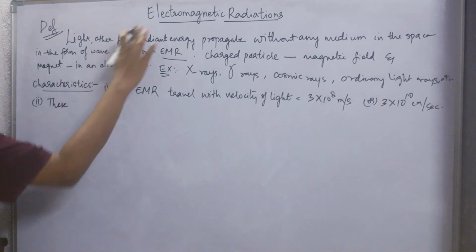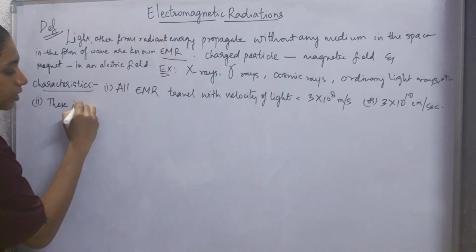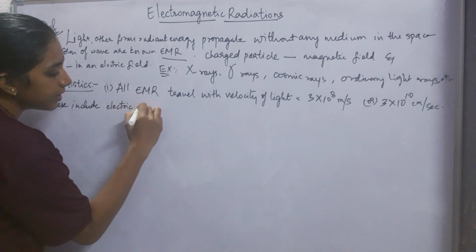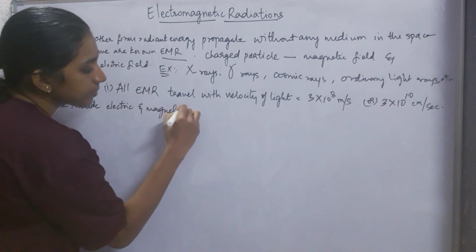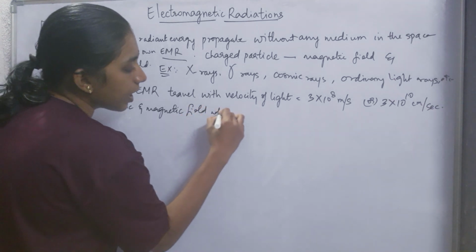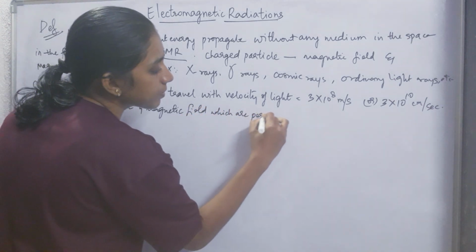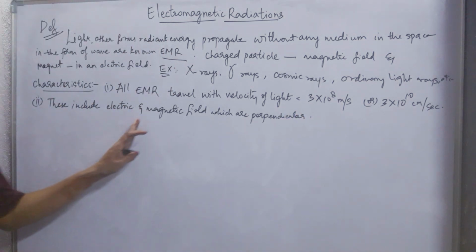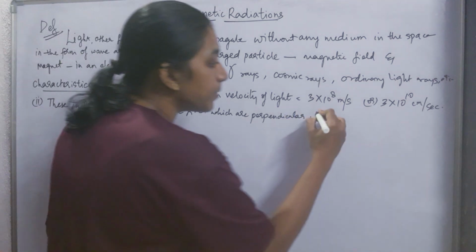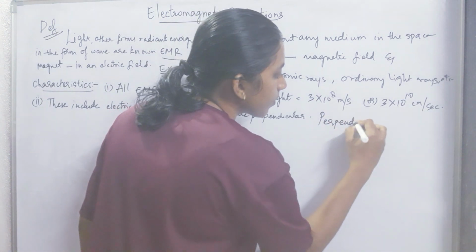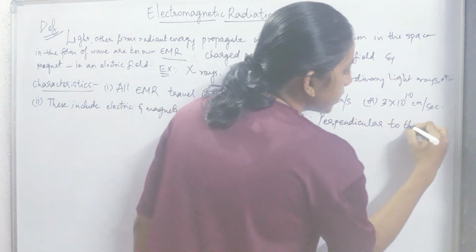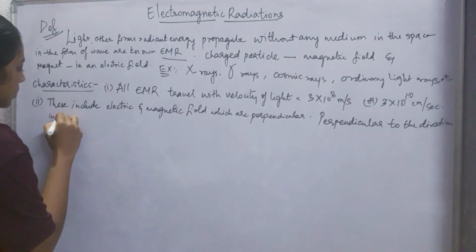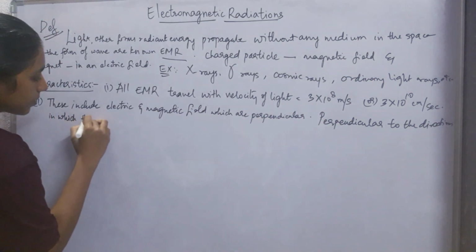whatever the electromagnetic radiation, they include electric field as well as magnetic field, which are perpendicular to each other. Okay, and both electric and magnetic field are again perpendicular to the direction in which the waves are traveling.